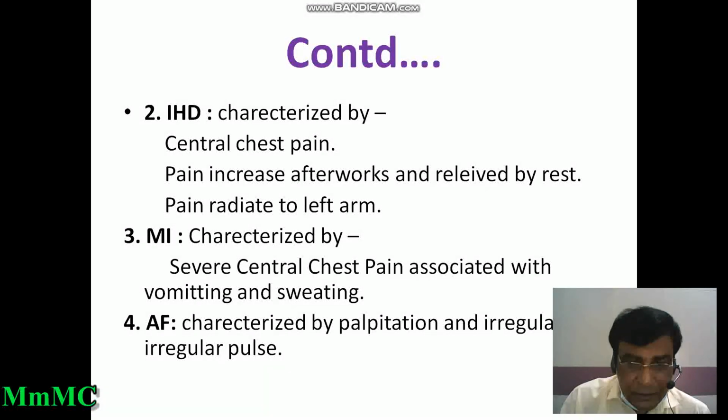MI is characterized by severe central chest pain associated with vomiting and sweating. And atrial fibrillation is characterized by palpitation and irregular pulse. So these are the effects of hypertension on heart.